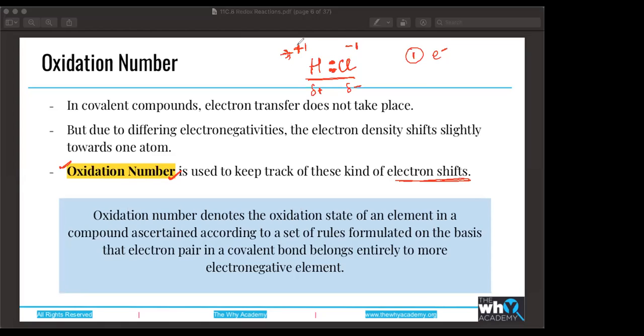Like in HCl, H having an oxidation number of +1 tells us that H is the less electronegative element here and electron density is shifted away from hydrogen. Okay, and the second bit of information is it tells us the number of electrons that the particular atom has, not exactly lost or gained, but that has shifted towards or away from it.